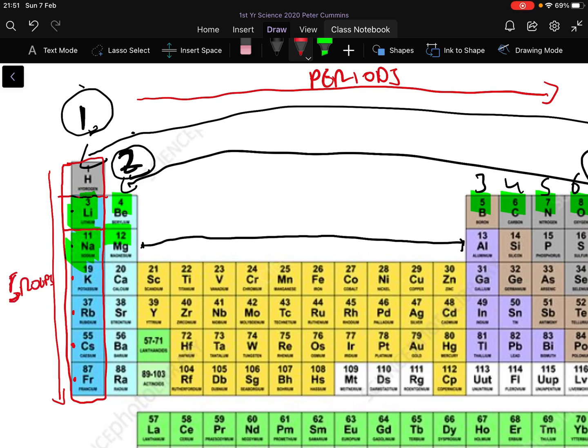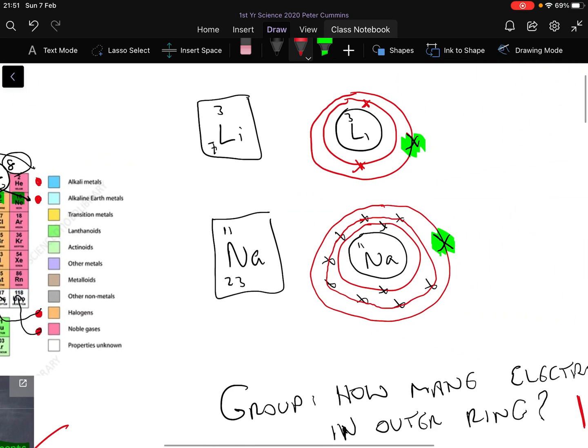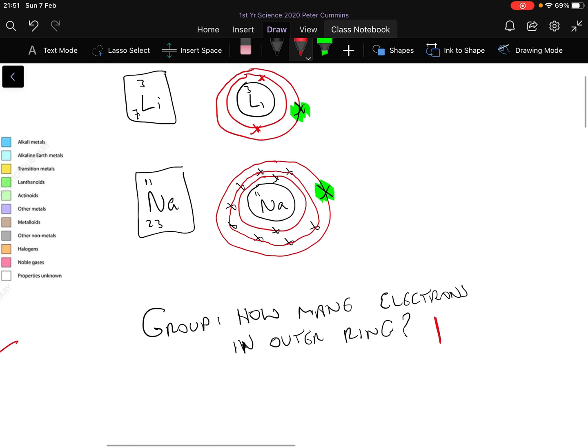Okay, like so. These are my groups. So from this, we can say they've 1 electron in their outer shell. So lithium and sodium are group 1 because they have 1 electron in their outer shell.